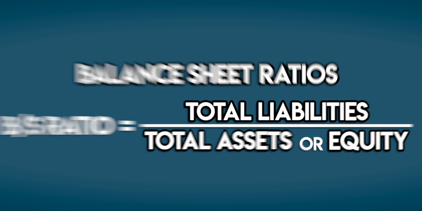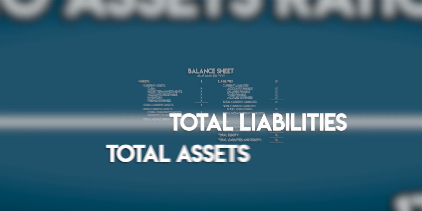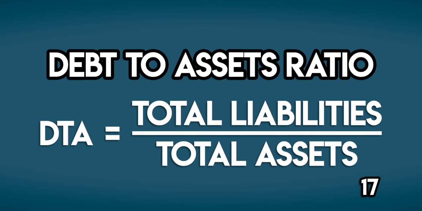If we take total liabilities and divide them by total assets, then voila, we have the debt to assets ratio, the DTA ratio. This tells us how much of a business's assets have been financed using debt. This ratio considers both short and long-term debt obligations.